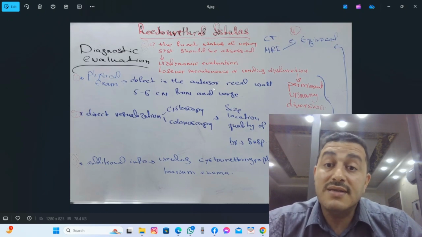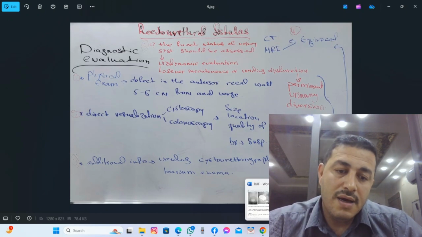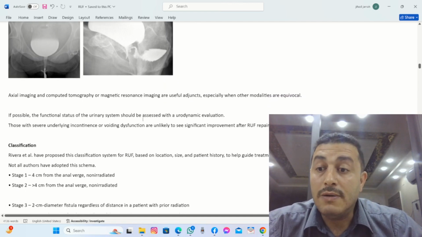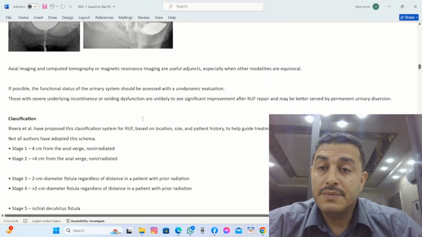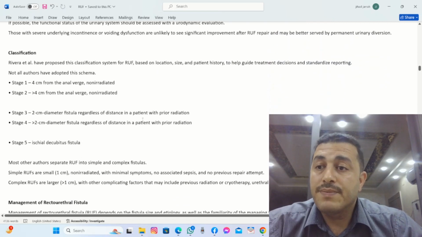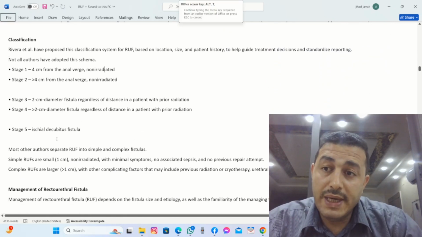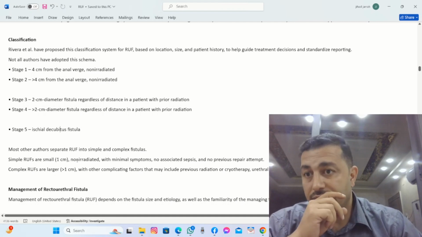How can I assess the function of the urinary system? We have the urodynamic evaluation, and actually this is not the subject of our lecture.